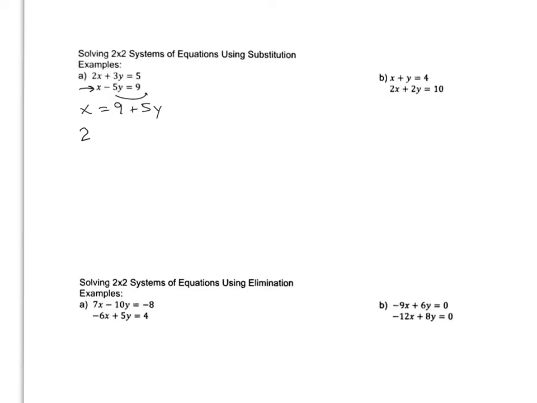So we have 2. That letter x is basically going to be gone, and the x is replaced with this new expression for x, 9 plus 5y. Then simply finish writing the equation. We have no more x's, so we have no more substitution. Plus 3y equals 5. This equation, of course, now has one variable, which is much easier to solve. So we'll just distribute the 2.